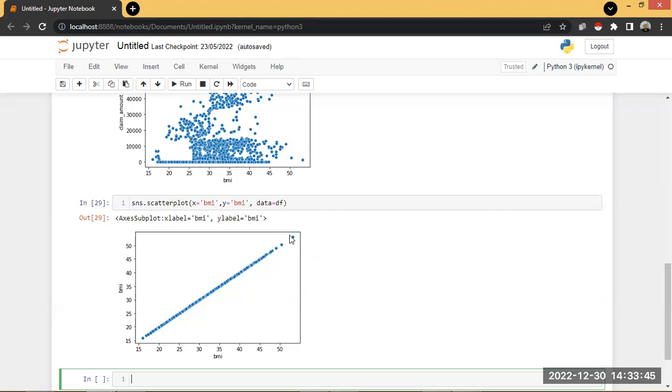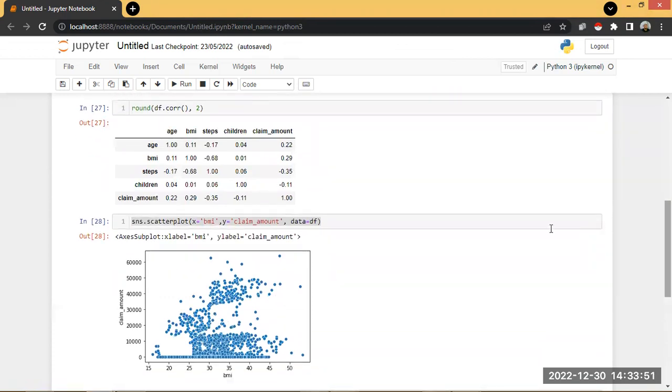And why is that so? It is because we are plotting BMI against BMI. Assuming we had features such as weight and height, we know that they have something to do with BMI, body mass index, because the formula for body mass index is weight divided by height raised to power 2, squared.